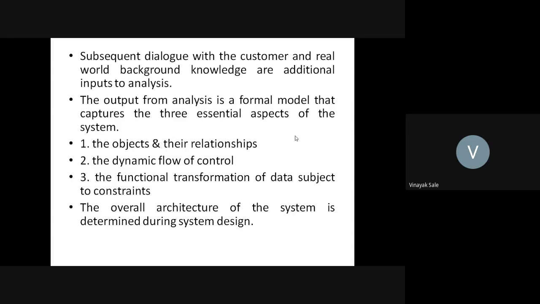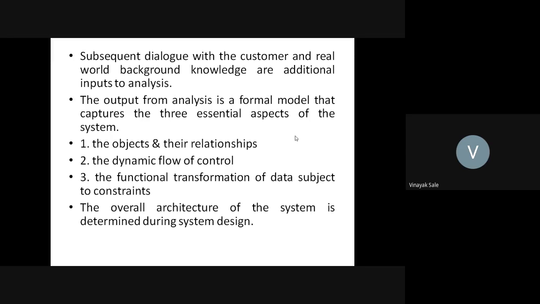Subsequent dialogue with the customer and real-world background knowledge are traditional inputs to the analysis. The output from the analysis is a formal model that captures the three essential aspects of the system: the object model, dynamic model and functional model.